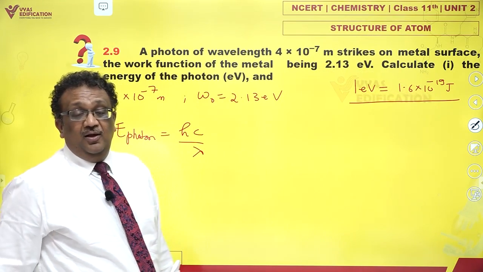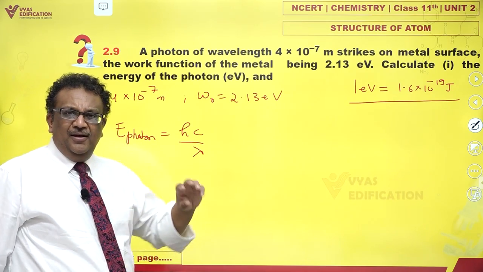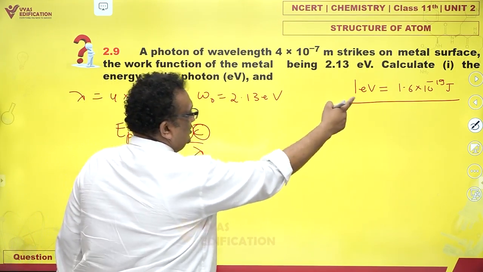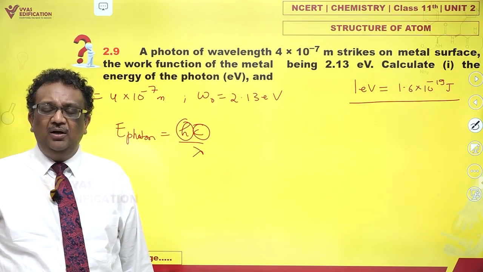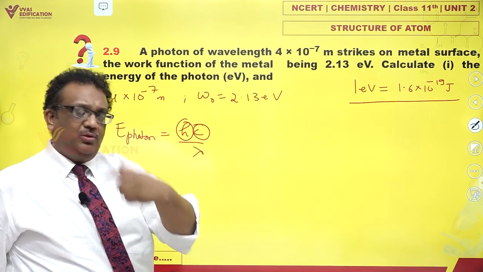Well, if I dare use this conversion, can I directly substitute for h, c, this constant also, and get some number which is an easier number to handle? What do I mean? I'll just show you. First, let me do it by the routine method, and then I'll tell you the shortcut.